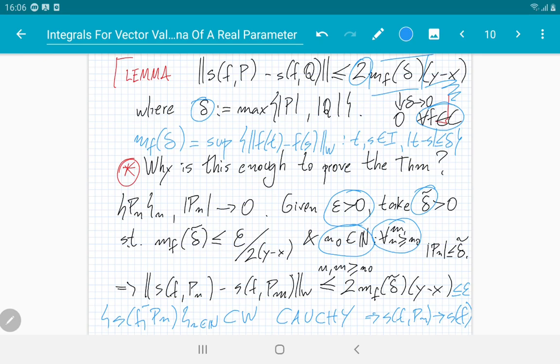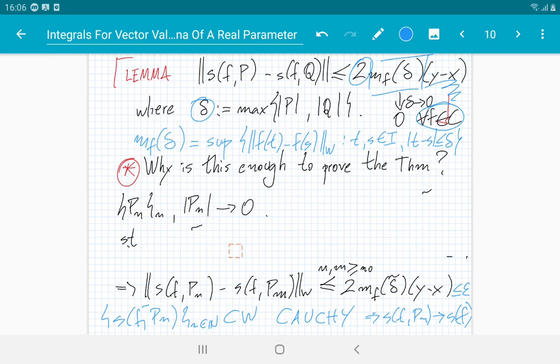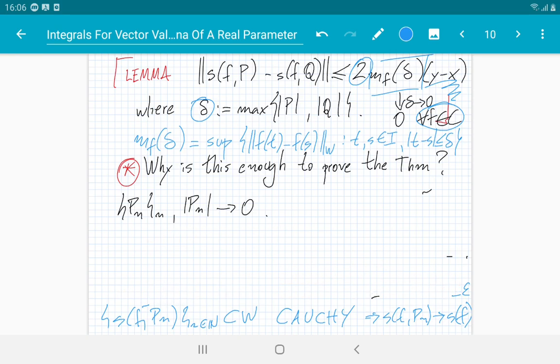I also need to show that this something does not depend on the sequence I picked, but that I can do by looking at these same estimates. Take two sequences of partitions. One of the sequences is the sequence I had before.